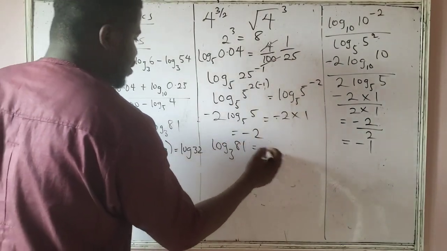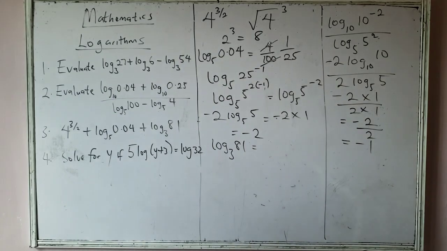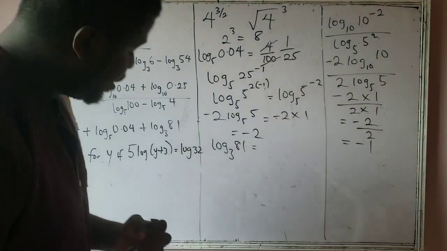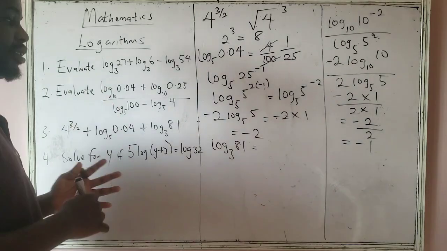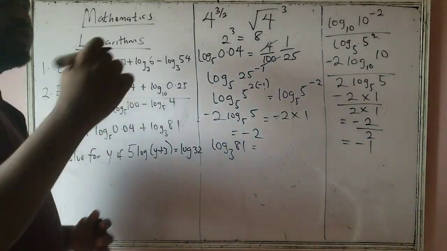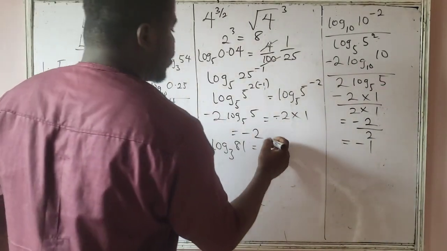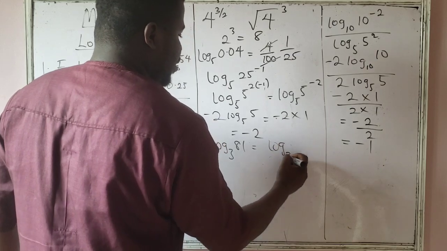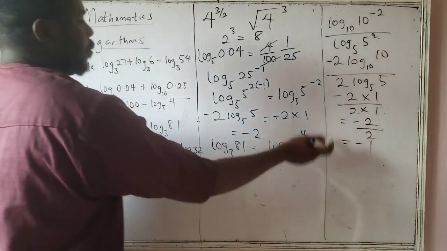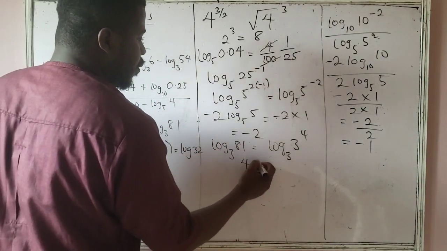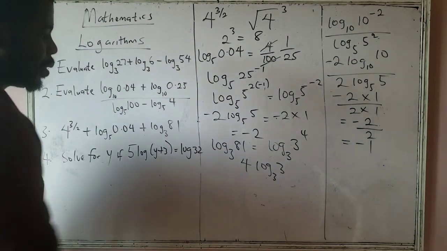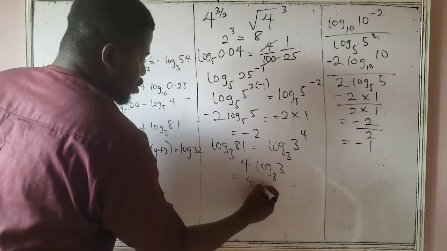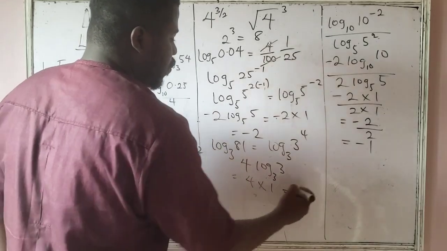And let's quickly do for log 81 base 3. We know that 3 times 3 is 9, times 3 is 27, then another times 3 is 81. So 3 raised to power 4 is 81, so we can just write it like that. 3 raised to power 4, and from the law of logarithms, we have 4 log 3 base 3, and then we have 4 times 1, which is equal to 4.